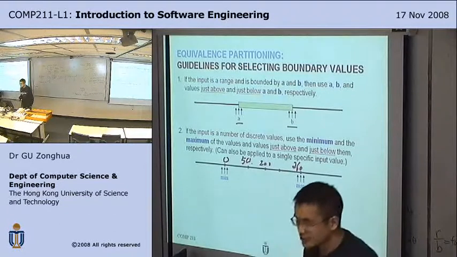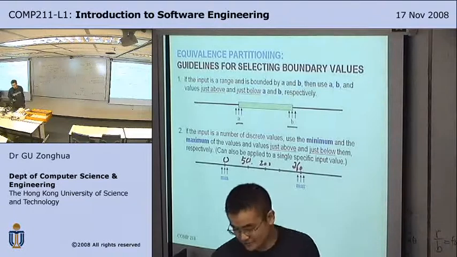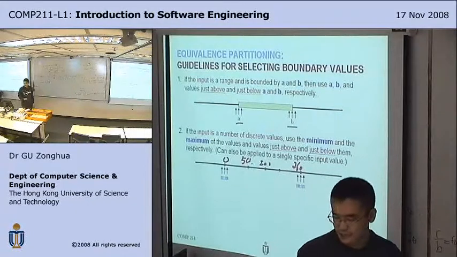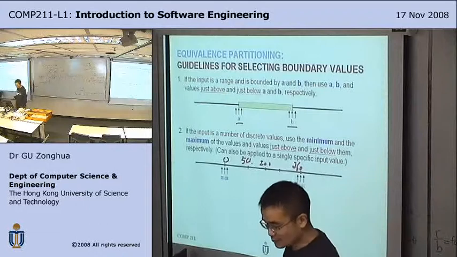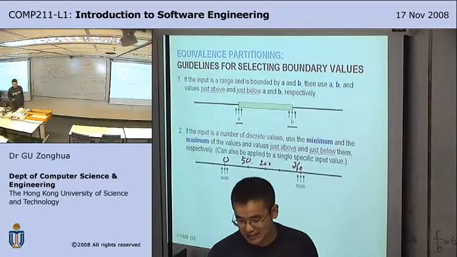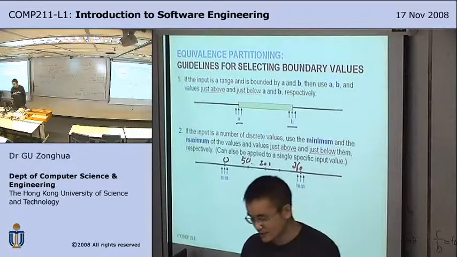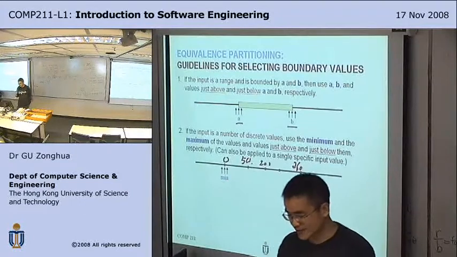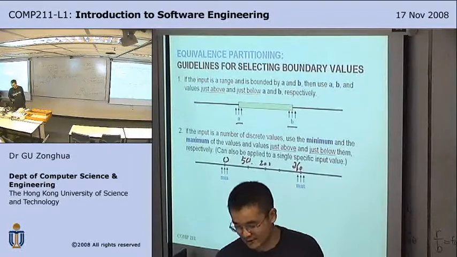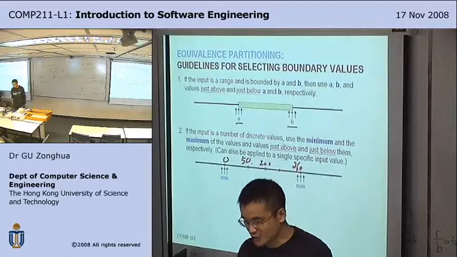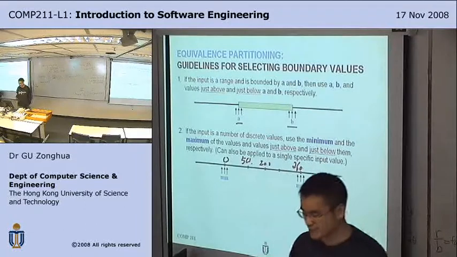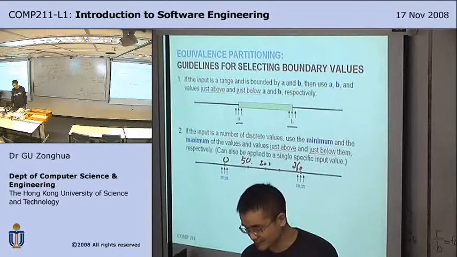Then you take the minimum and try the one just below it, that is minus 1, and just above it, that is 1, even though these are not valid inputs. Also take the max and try the one just above and just below it. This is also applicable to a single specific input value.